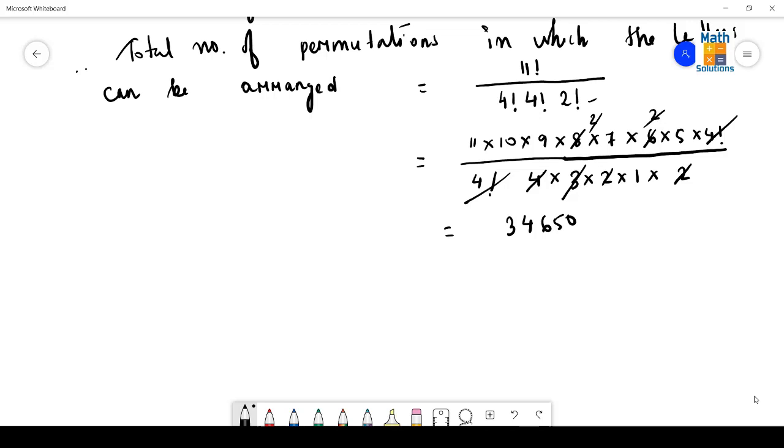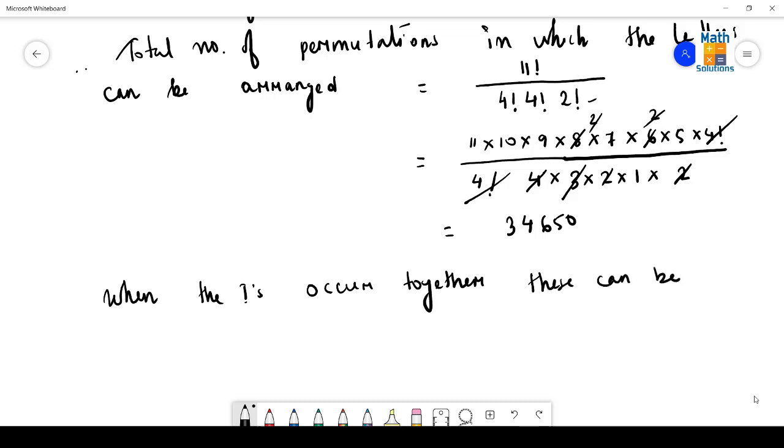Then coming to the main condition, let us now find out when all the 4 i's occur together, what could be the permutation. When the i's occur together, these can be considered as one letter, or you can say a single letter.